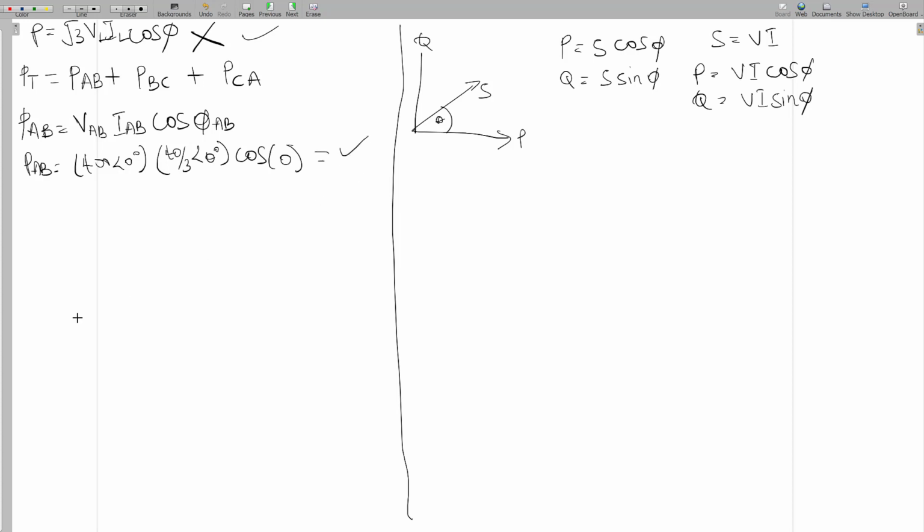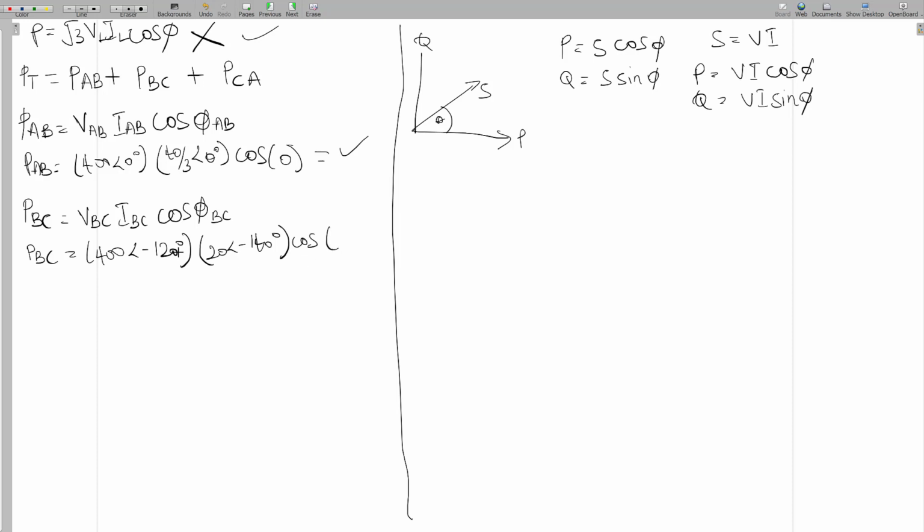And then you have your PAB, so PBC is going to be VBC IBC, and the cos of the angle between the voltage and the current. So PBC, the voltage VBC was 400 angle minus 120 degrees, and IBC, that's the current over there, was 20 angle minus 140 degrees.